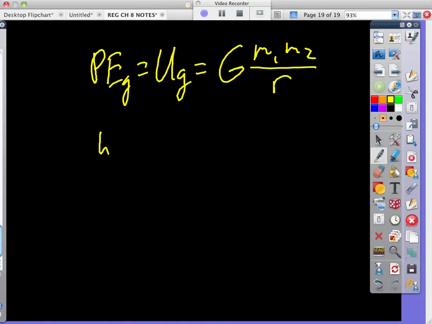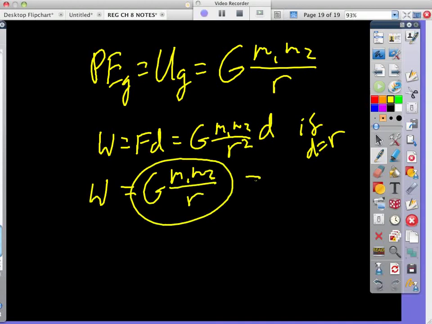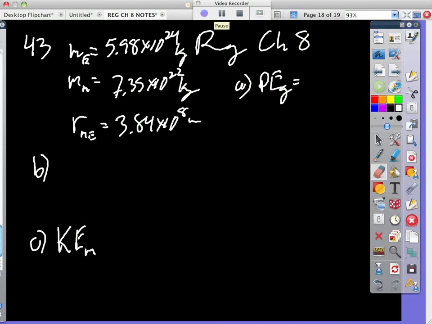Because remember, work was force times distance, and if force is big G m1 m2 over r squared, and d equals r, meaning the distance between the two objects, then that tells us the work done to separate those two things is this. So I can say PEG is big G m1 m2 over r.